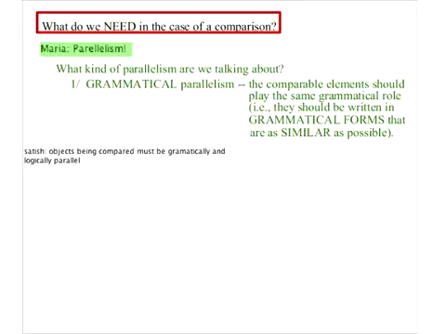So grammatically parallel means what we have up here. They have to look the same from the standpoint of grammar type stuff. So that's this. The question is, what does this mean? When we say logically parallel, what the heck does that actually mean? Text box, if anybody can tell me.